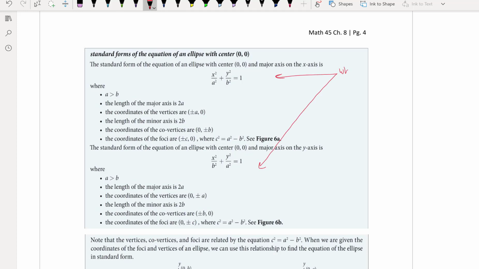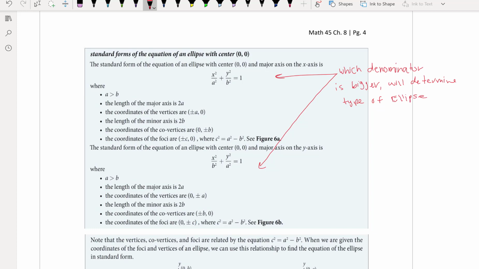So which denominator is bigger will determine the type of ellipse.